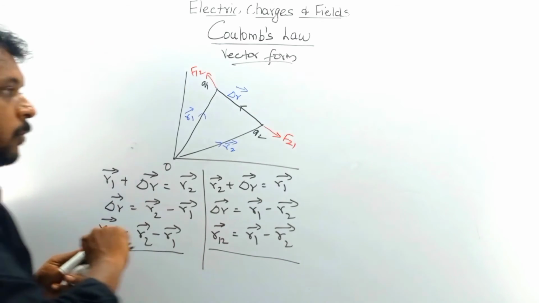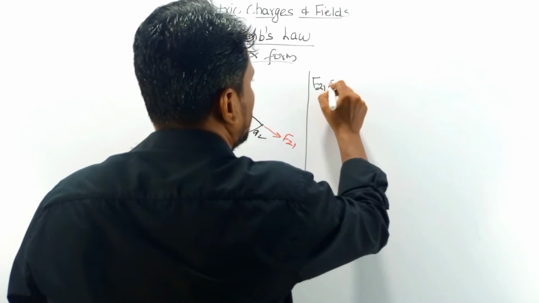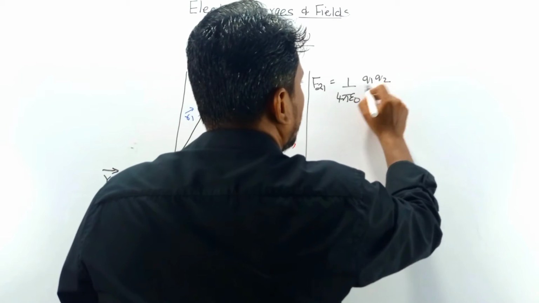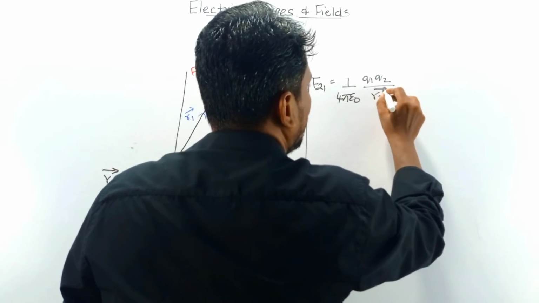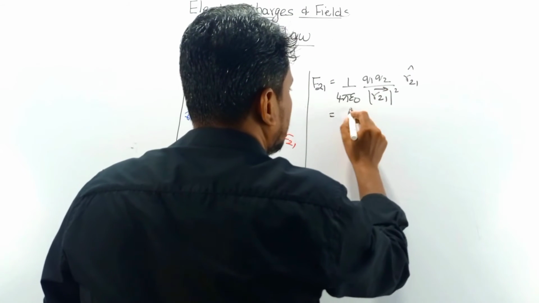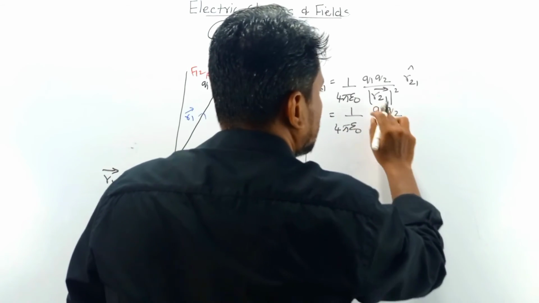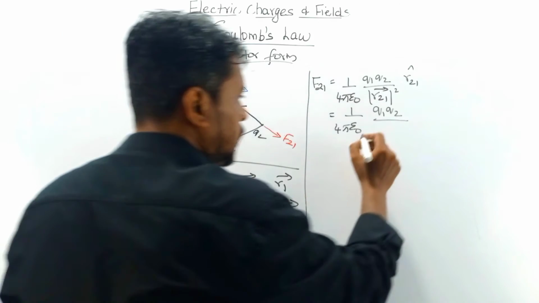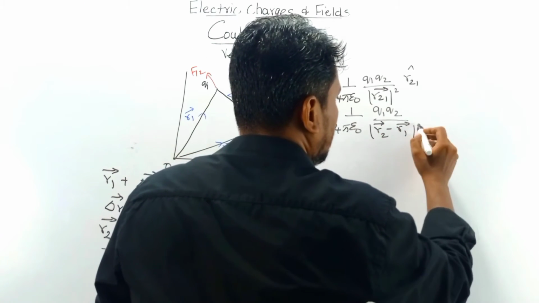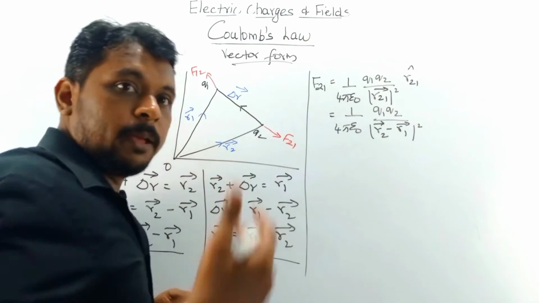From this, the force can be represented as follows. I am first writing F21, equal to 1 by 4 pi epsilon naught, q1 q2 by r21 whole square, times the unit vector r21 cap. The unit vector r21 cap can be replaced by vector by magnitude.